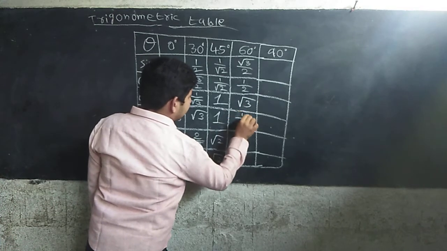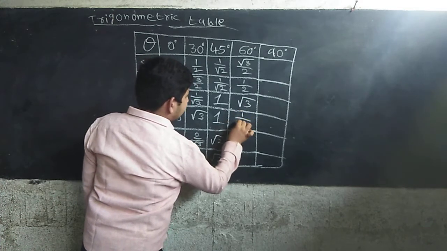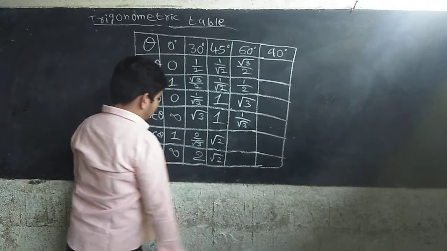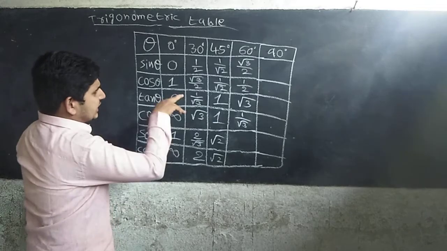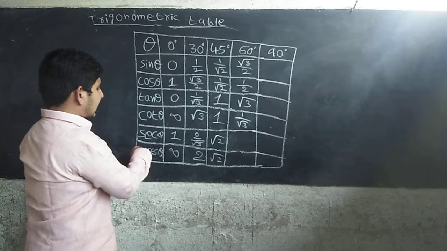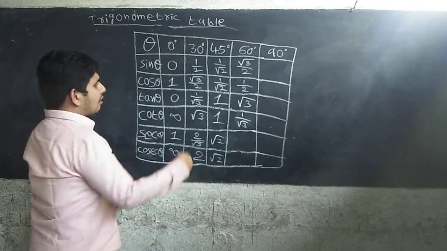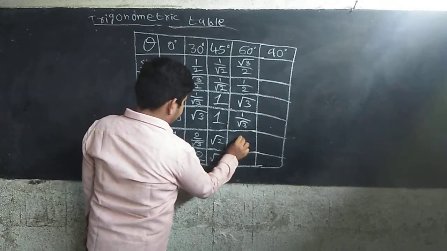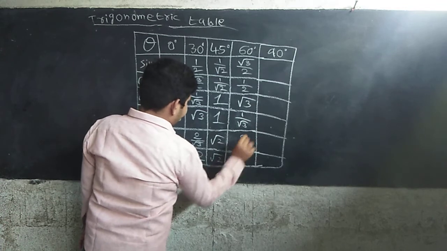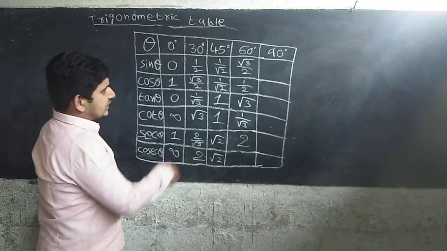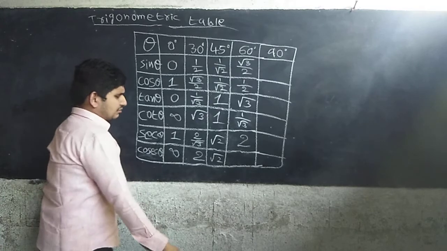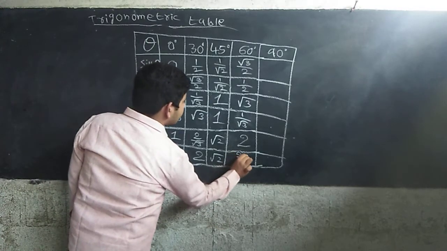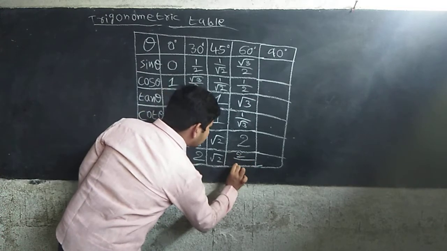Now sec 60 is equal to 1 by cos 60, so sec 60 is equal to 2. Now cosec 60 is equal to 2 by root 3.